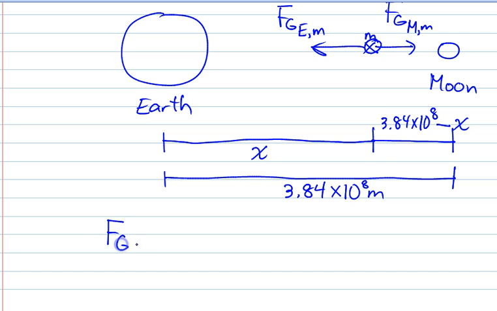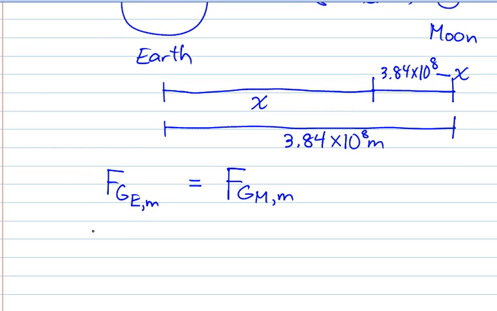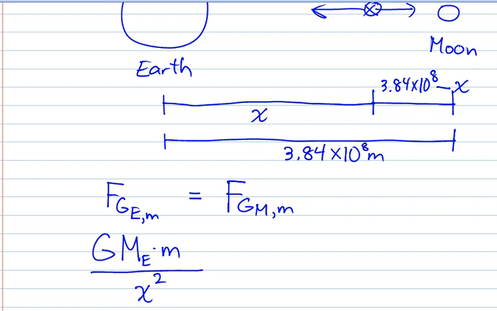The force of gravity between the Earth and little m is equal to the force of gravity between the Moon and little m. And so I apply Newton's law of universal gravitation: G times the mass of Earth times little m over x squared, where x is the distance from the Earth to the object.